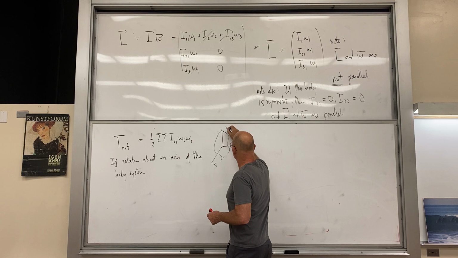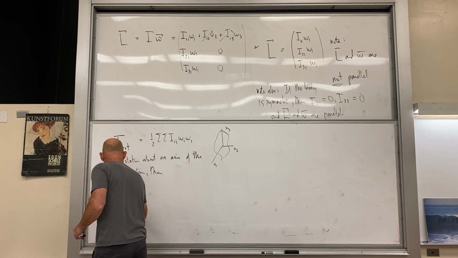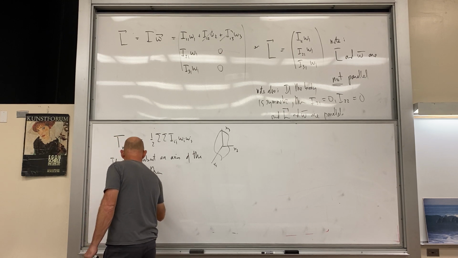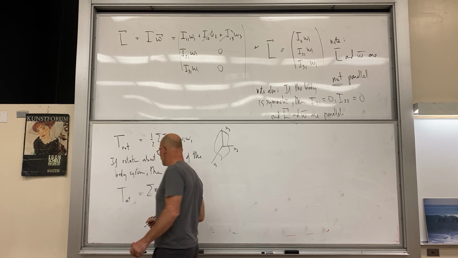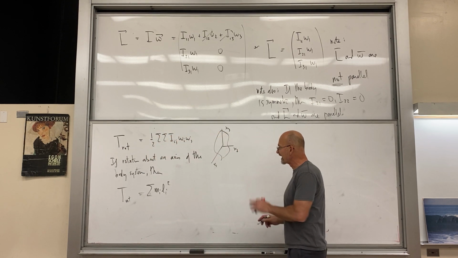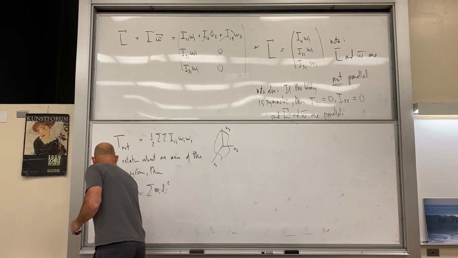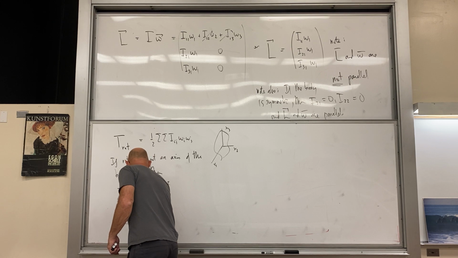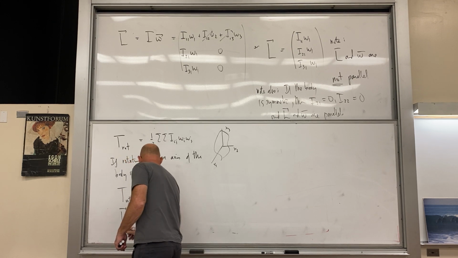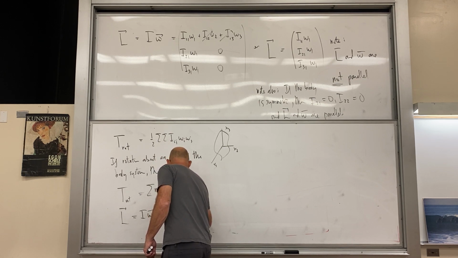X1, X2, X3, then T, rotational kinetic energy. Point is, it's just M sub I, L sub I squared, as before. And that I showed clearly. And L equals I omega, not parallel, right?